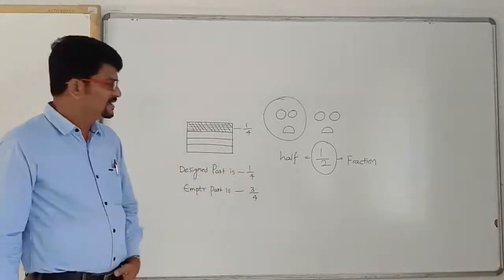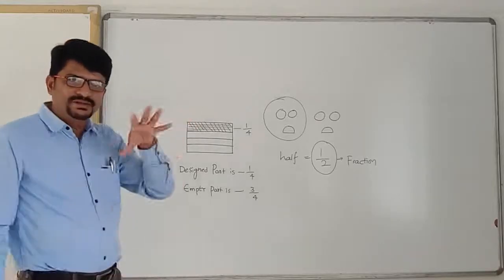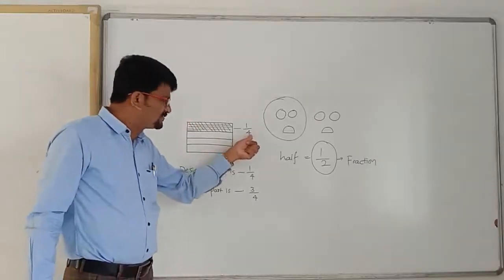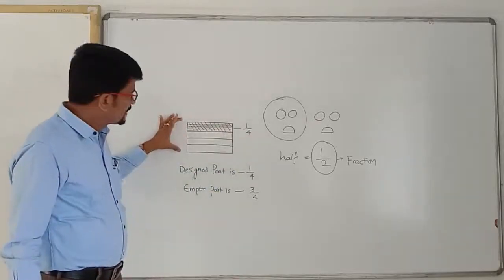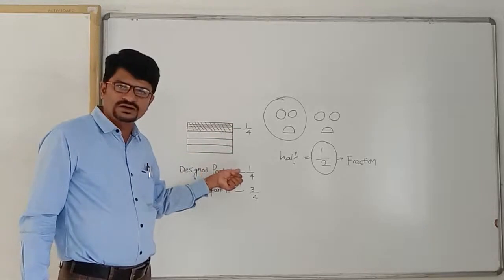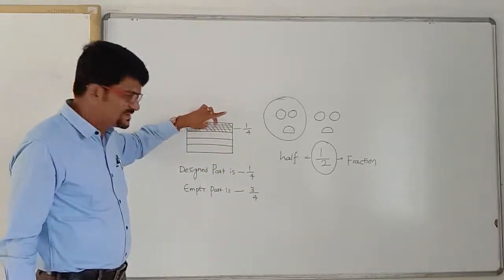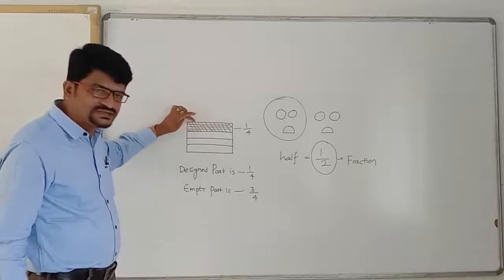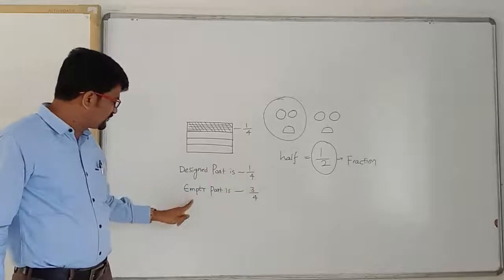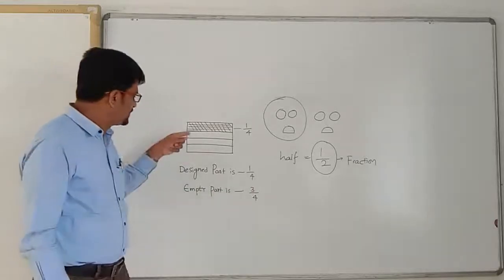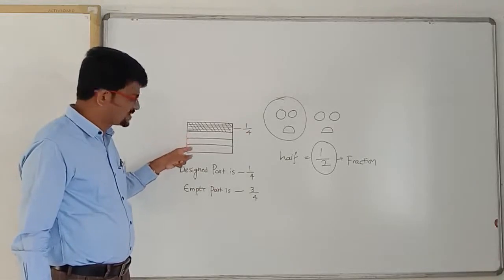Means here the whole part can be divided into 4 equal parts. In those 4 equal parts, one part is designed. So the fraction of the designed part is 1 by 4. The fraction of the empty part: how many parts have not been designed? 3 parts. 1, 2, 3.